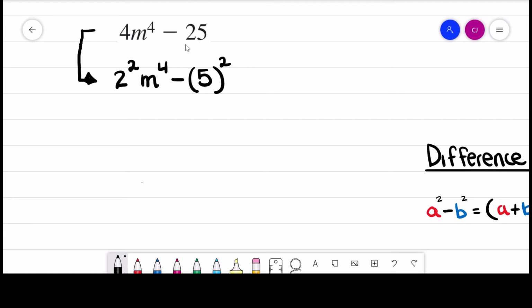So we're slowly starting to see that this polynomial is beginning to take form of the difference of squares factoring pattern. The next thing I'm going to do: if you remember, when you're multiplying exponents, there's a rule called power to power, meaning that you can factor out a power as long as you put it outside of a parentheses.